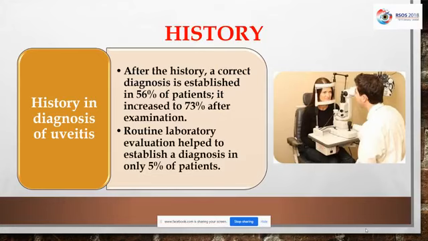So the history can give you a very perfect and correct diagnosis in more than half of your patients with uveitis, and the percentage can be raised up to 73 or 3/4 of those patients after finishing your examination. So the routine laboratory evaluation or workup for those patients just help you for establishing a diagnosis in only 5% of patients.